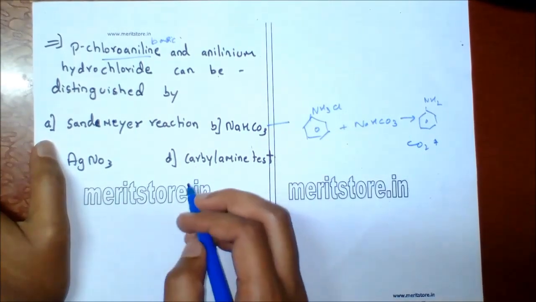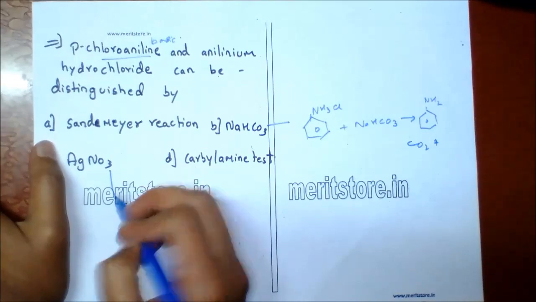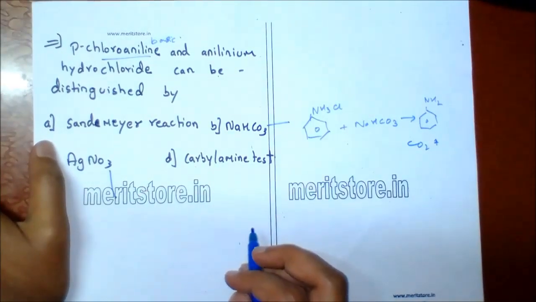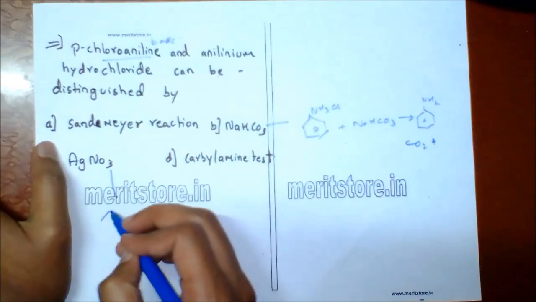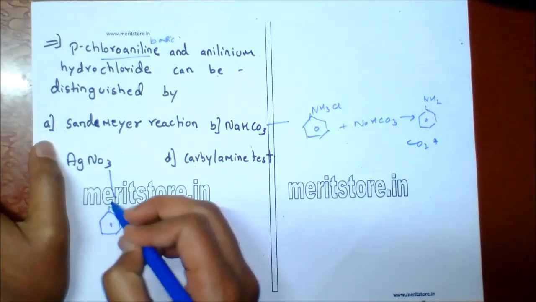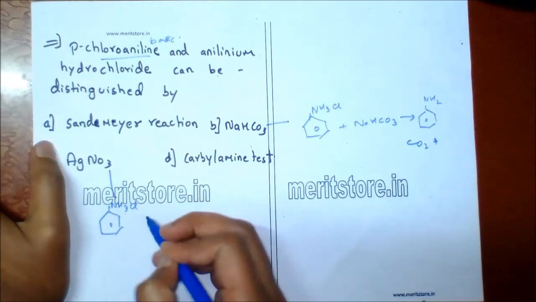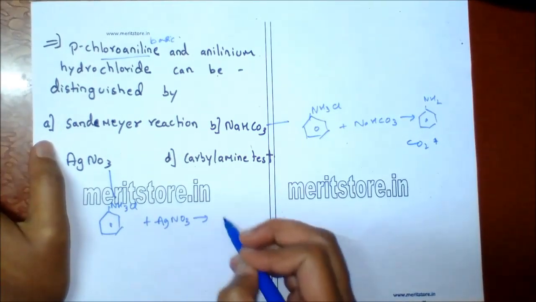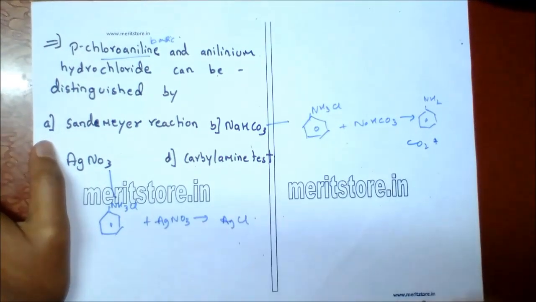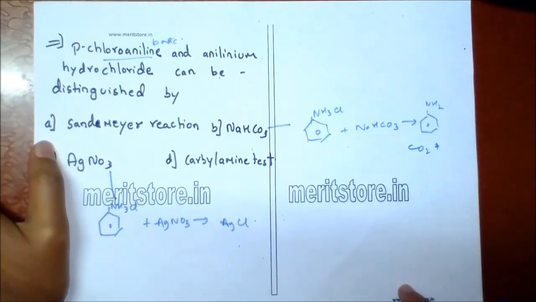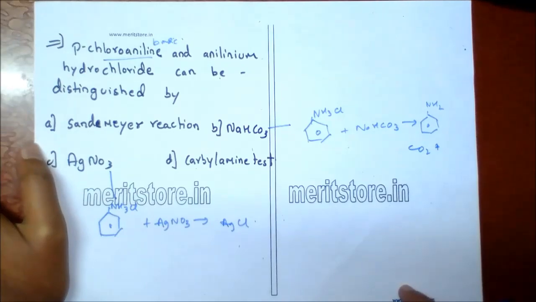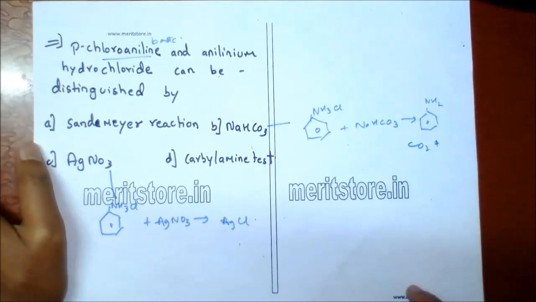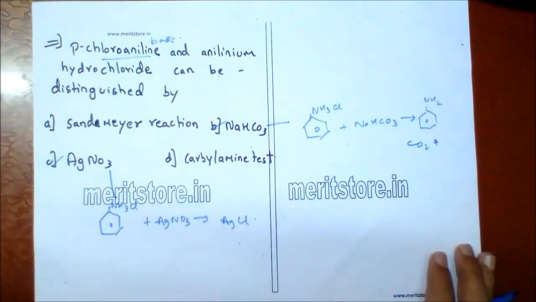And with AgNO3, anilinium hydrochloride plus AgNO3 will give white precipitate of AgCl. Parachloroaniline does not contain ionic chlorine, so it does not give white precipitate with AgNO3. So options B and C both are correct answers.